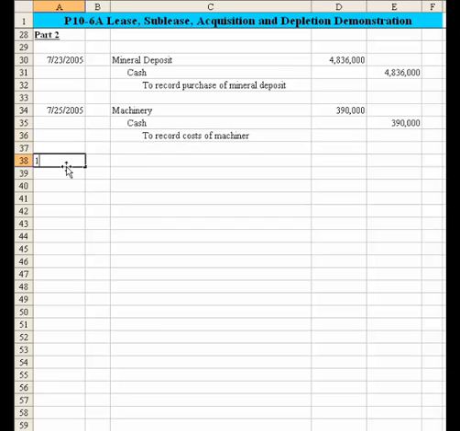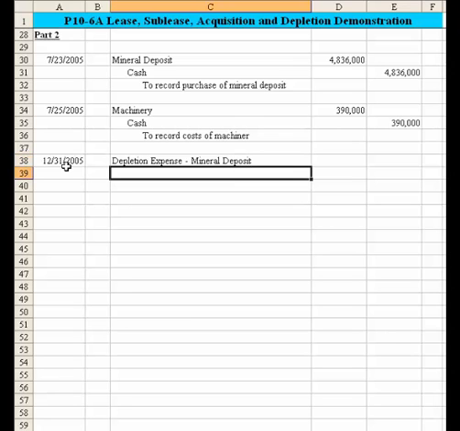Now on December 31st, we need to record the depletion, and we need to record the cost of that depletion on our income statement. So we have a depletion expense on the mineral deposit, and the credit will go to an accumulated depletion account relating to the mineral deposit.